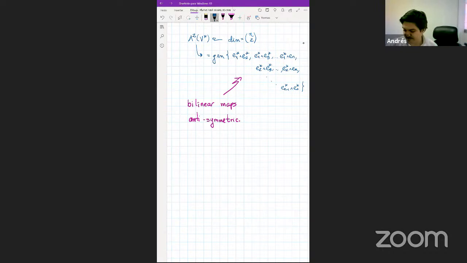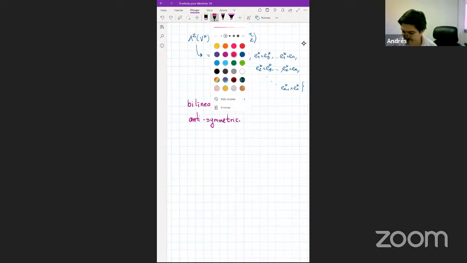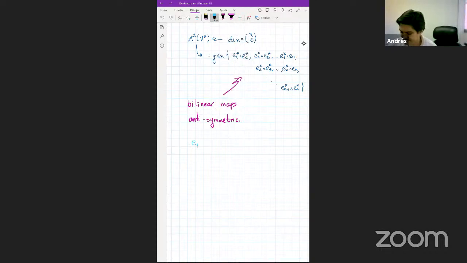And then this happens. I'm going to take the first one here. First, I'm just going to evaluate on a vector u and a vector v. What is the definition of this wedge product?